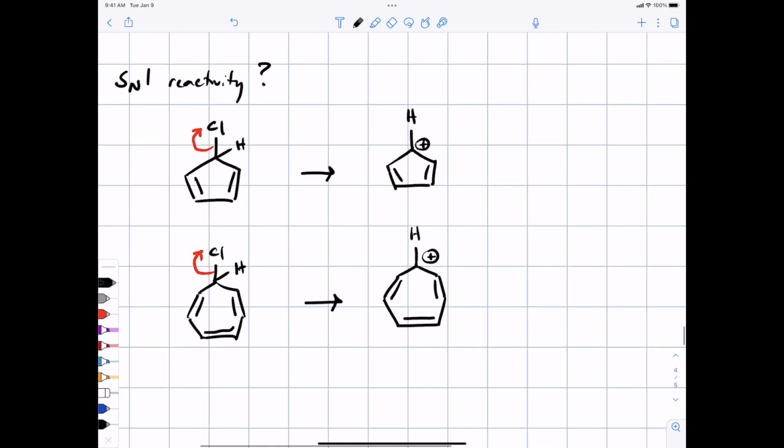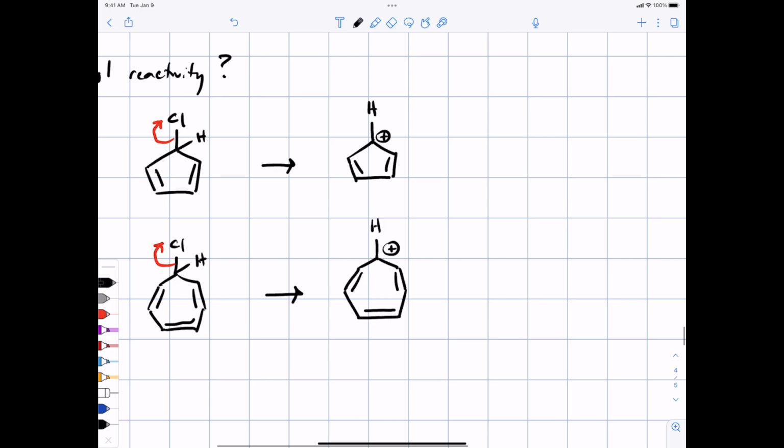Which carbocation is more stable? Okay, this one has 4 electrons. This one has 6. So both are cyclic and conjugated, but wrong number of electrons, so that's anti-aromatic. That's especially unstable.